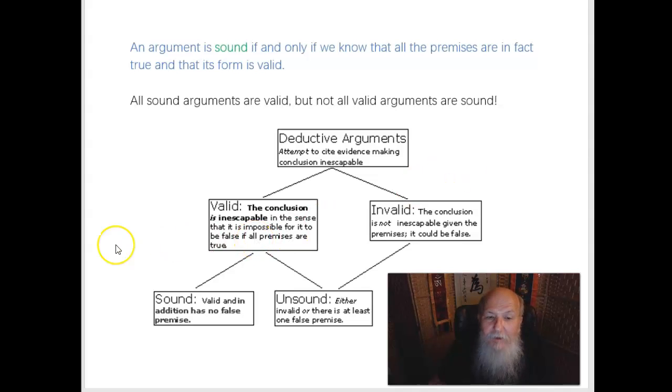Or valid, where the conclusion is inescapable, in the sense that it's impossible for it to be false if all the premises are true, like, say, modus ponens or modus tollens. And then valid arguments could be sound, valid and in addition have no false premises, or they could be unsound. And if an argument is unsound, it's going to be either invalid or there is at least one false premise.